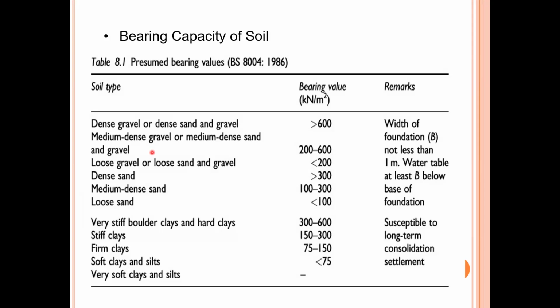Also, in some cases, based on experience, people have assumed some bearing values. This is given in British Standard as presumed, which means pre-assumed bearing capacity values for the description of the soil type, like dense gravel, dense sand, loose sand. The conditions are the width of the foundation is not less than 1 meter, and the water table is at least the width below the base of the foundation.